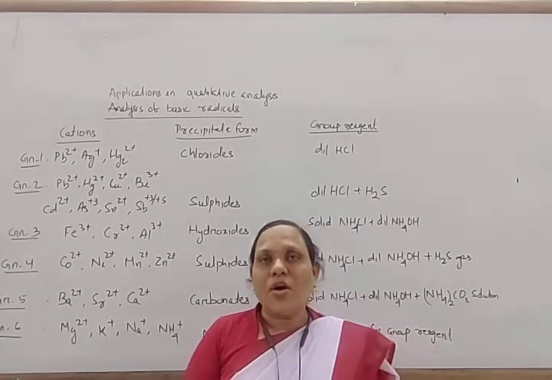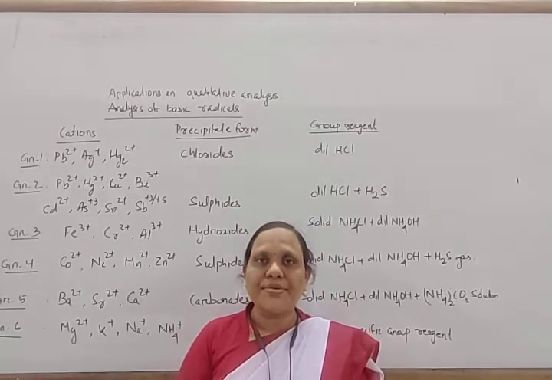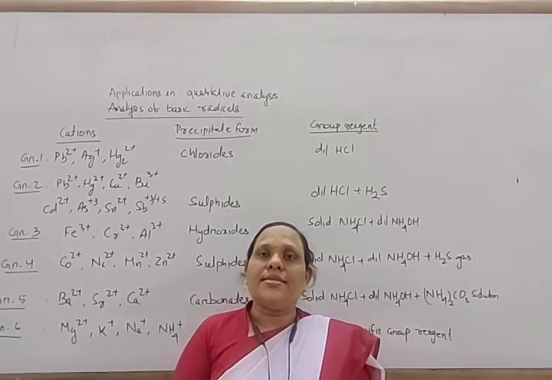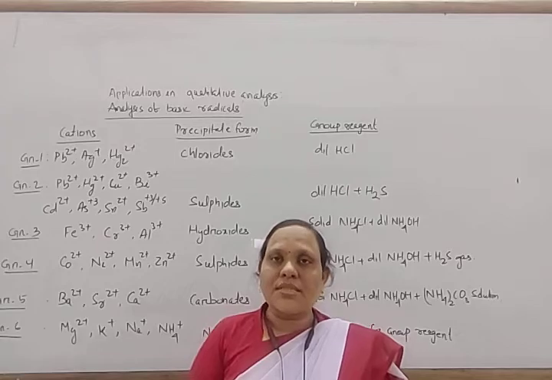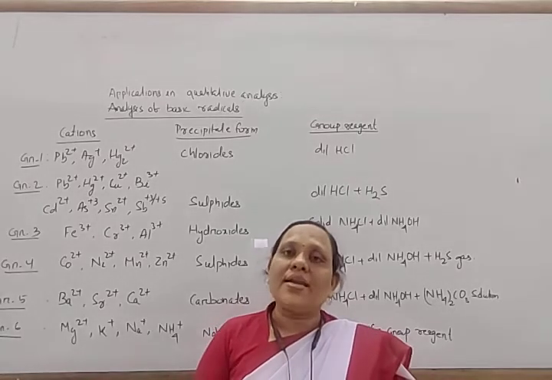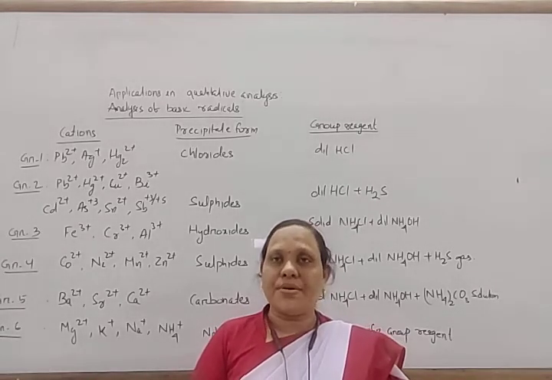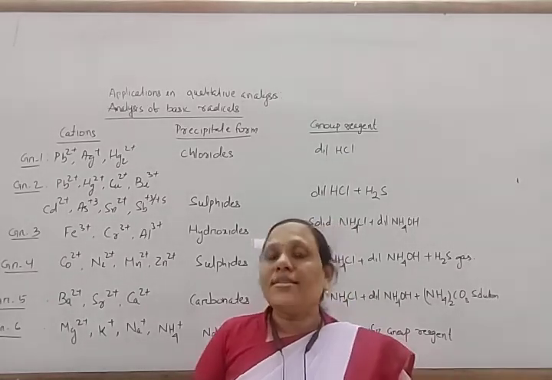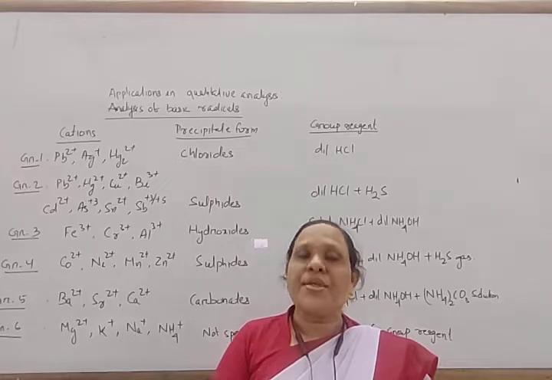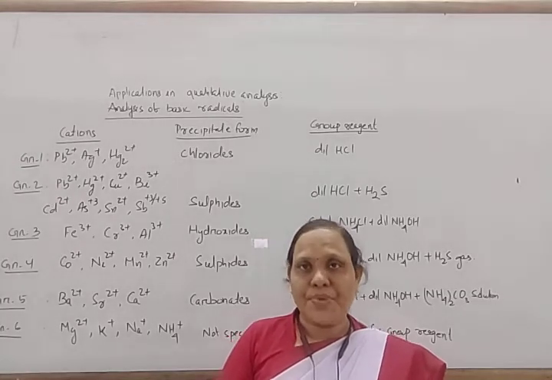You know a salt consists of two types of radicals, one cation and one anion. Cations are also known as the basic radicals. To analyze them in a systematic way, the solubility product helps. Here all these cations are arranged according to their solubility product.